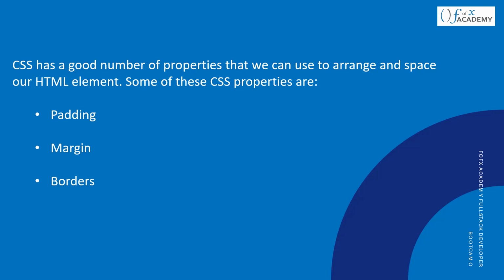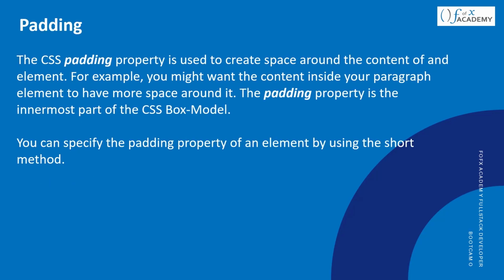So what is padding? What are borders? Do you understand? Padding is a property used to create space around the content of an element. Remember, your content is inside your tag. Let's say you have a paragraph tag, your content is inside it, so you are creating a space around that content.